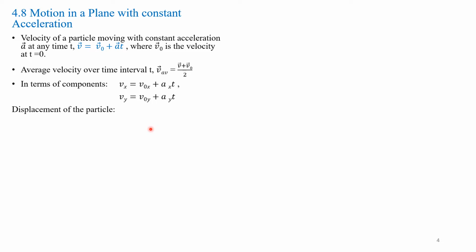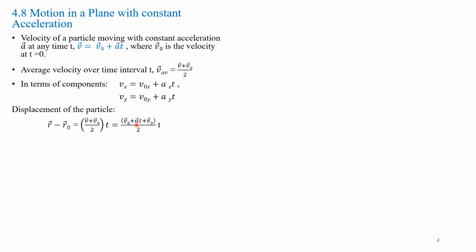Displacement of a particle. We know the displacement is the final position vector minus the initial, that is, vector r minus vector r naught, which is equal to (v plus v naught) by 2 into t, that is, (v naught plus at plus v naught) by 2 into t.